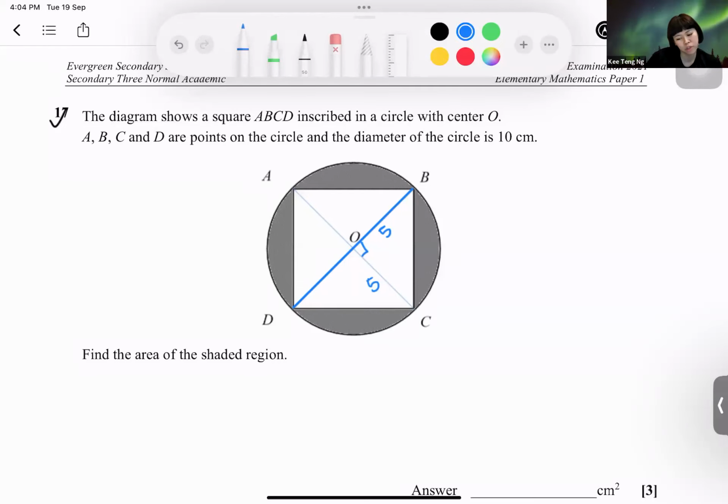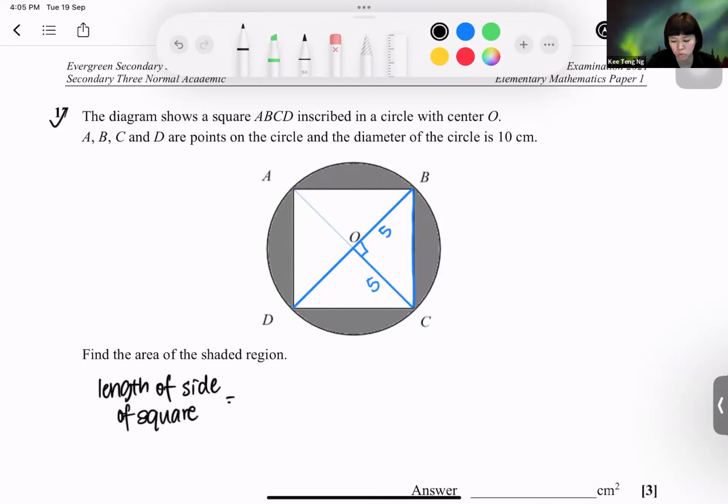Find the area of the shaded region. Before I find the area of the region, let me find the length of one side of the square first. The length of a side of the square is equal to this one over here.